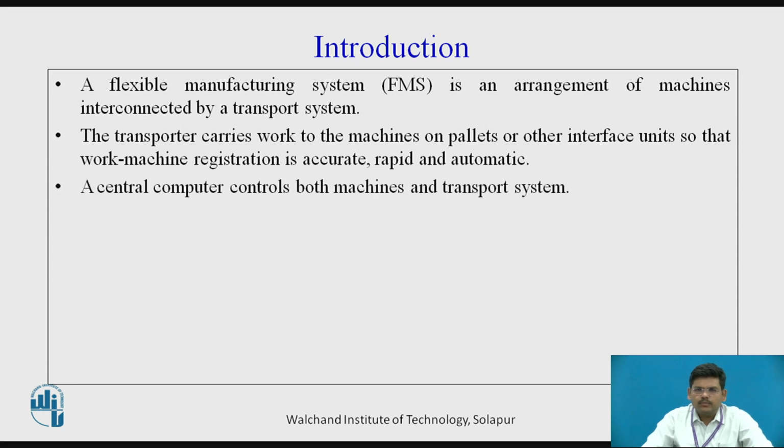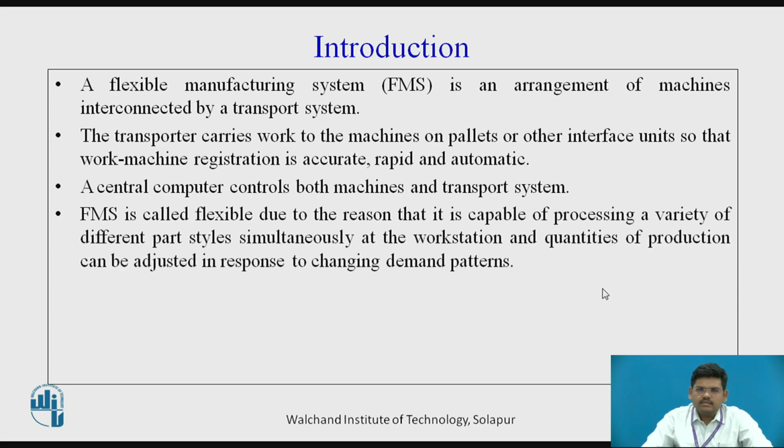A central computer controls both the machines as well as the transport system. The transport system can be a conveyor or an automated guided vehicle, shortly called as AGV, or in some cases it might be robotic arms.